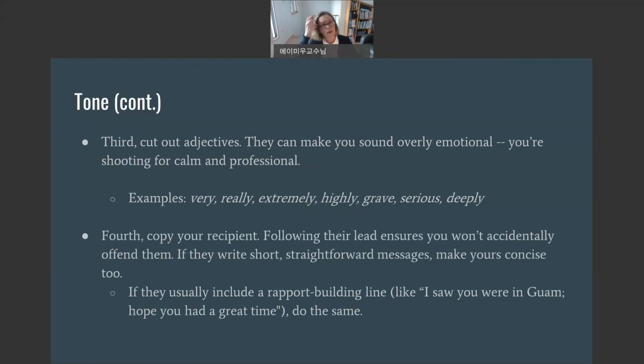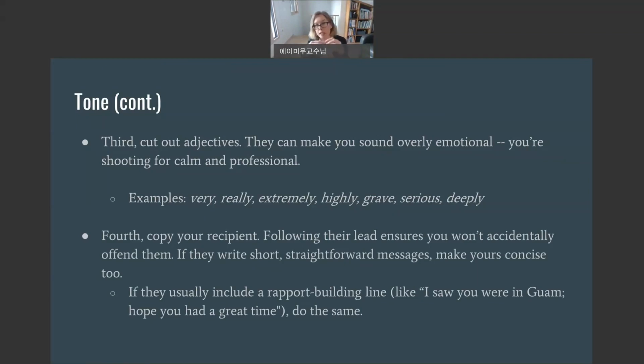Okay, another tip regarding tone is copy your recipient. Following their lead ensures you won't accidentally offend them. If they write short, straightforward messages, make yours concise too.